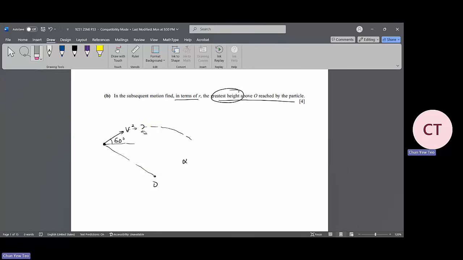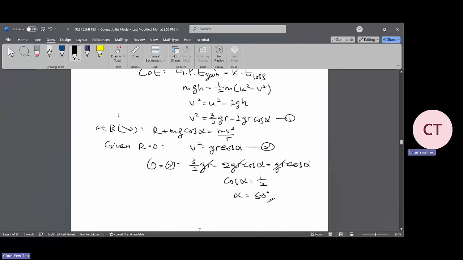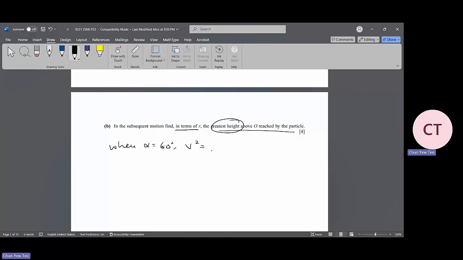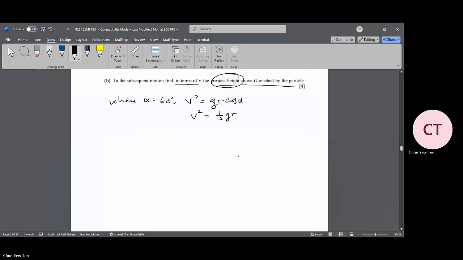So first of all, we need to find out V square. When alpha is equal to 60 degrees, V square is equal to GR cos alpha, which is half GR.